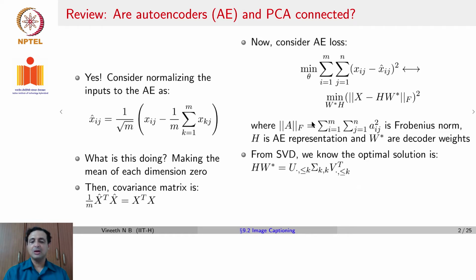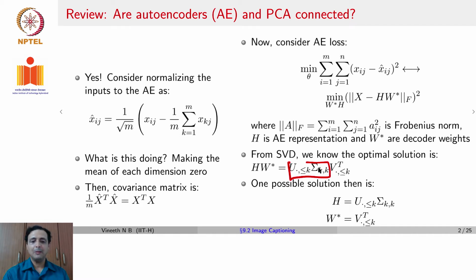This comes from the SVD decomposition of X. If this was indeed the solution, then one factoring could be H as the first two terms, U sigma, and W as V. This is one possible factoring, and let's consider this to be one of the outcomes of the neural network and move forward with it.